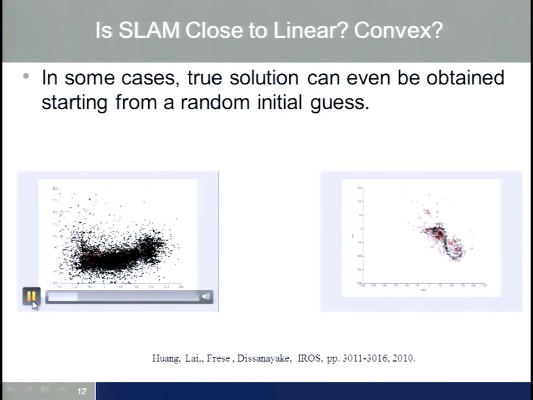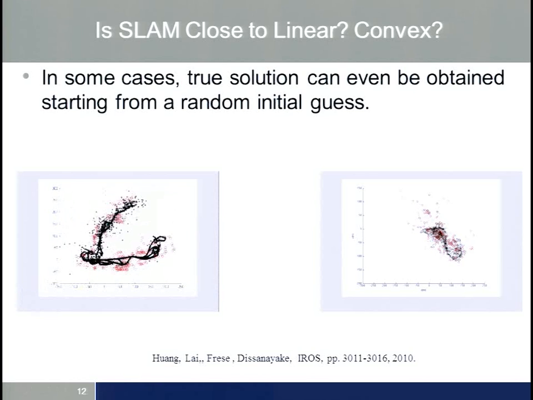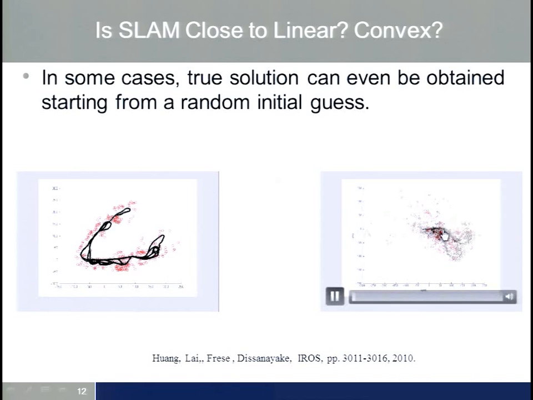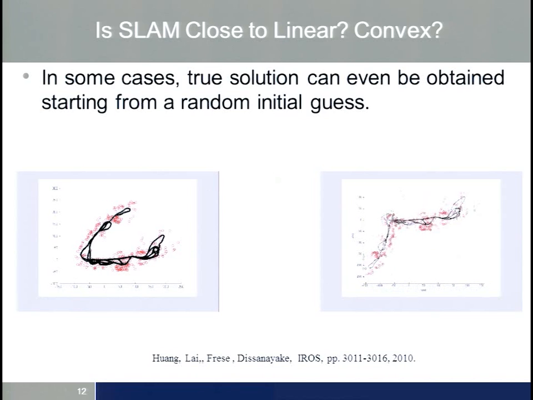So you start from a random guess, and after a little while, it converges to the solution. This is, again, a very surprising result. If it were a general nonlinear problem, you'd always get trapped in a local minimum. It does contain local minima, so in some other scenarios, it goes into a local minimum. But in this case, 85% of the time, we manage to get the true solution. So what's happening in here? For some data sets, this doesn't work at all.